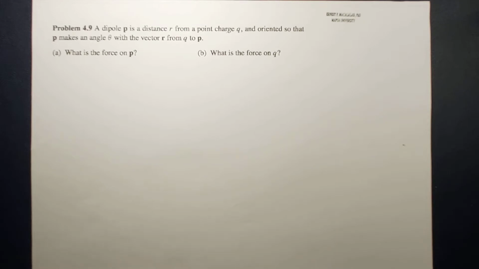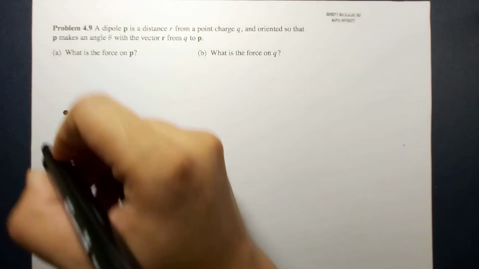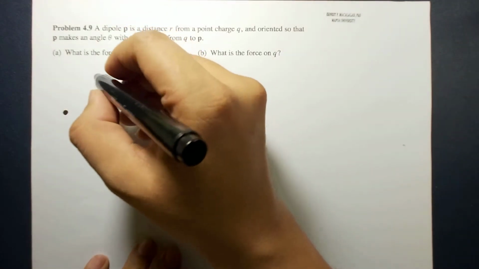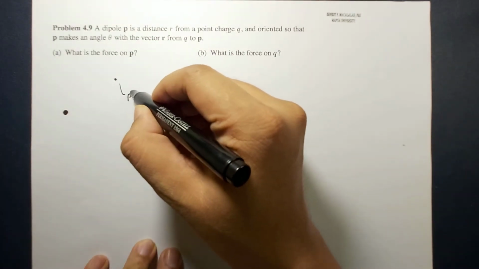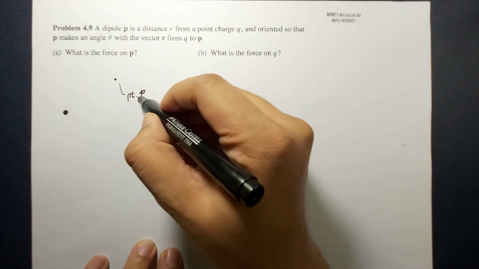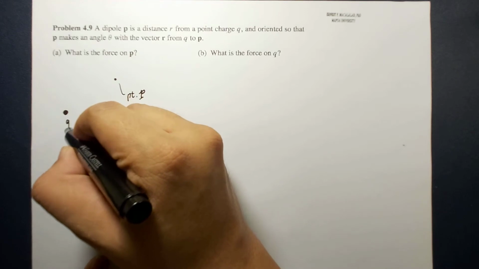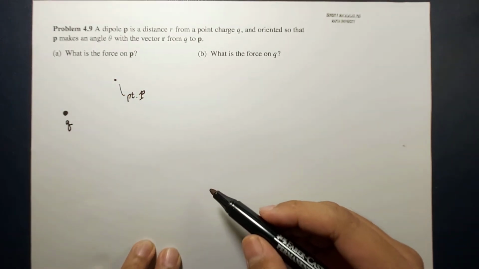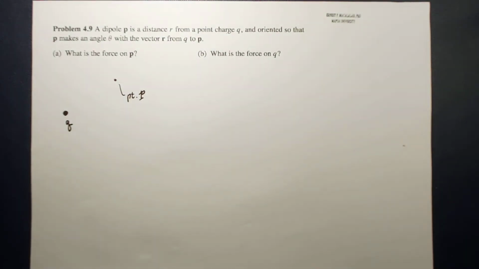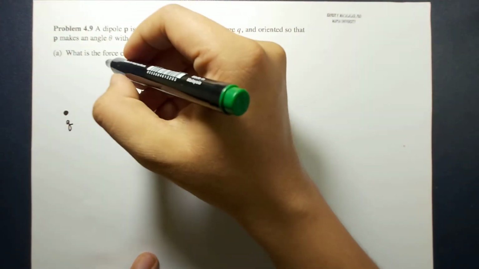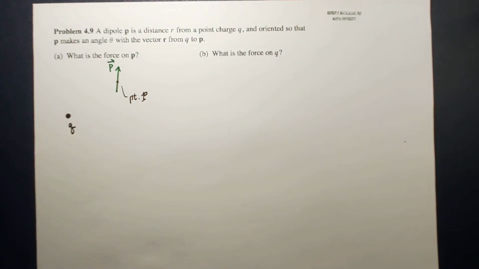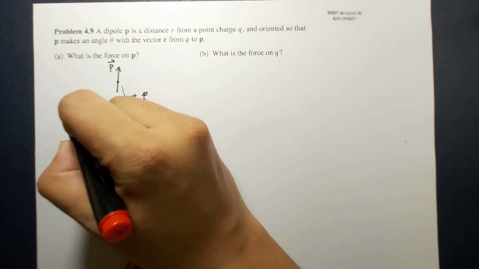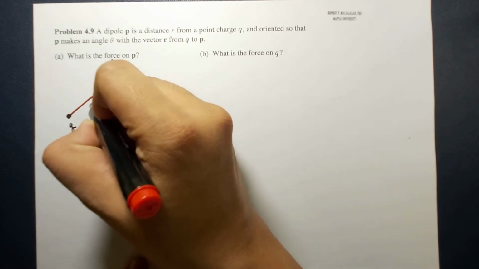We have a charge here, and this charge produces an electric field at this point, which we'll call script P. This is our charge Q. At point P is where our dipole moment is located, and that dipole moment is r away from Q. So this is r.